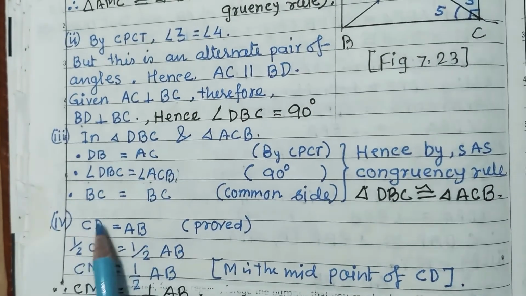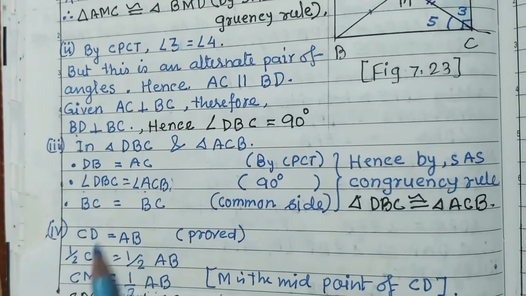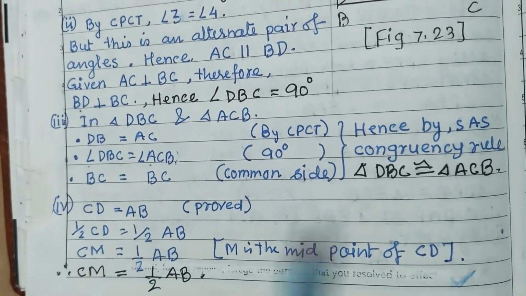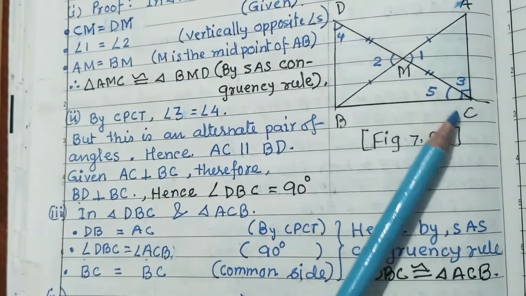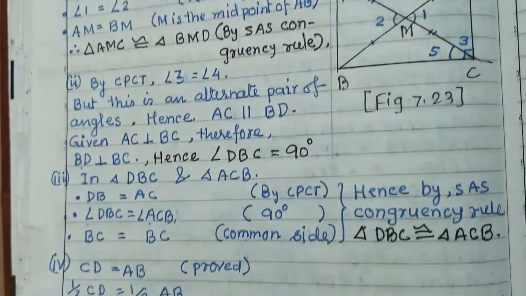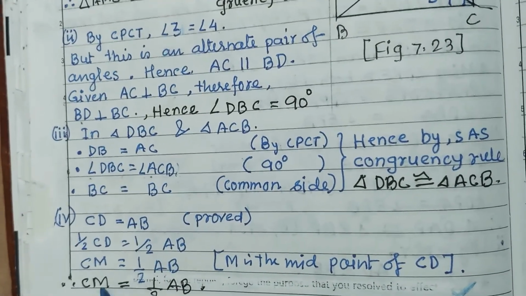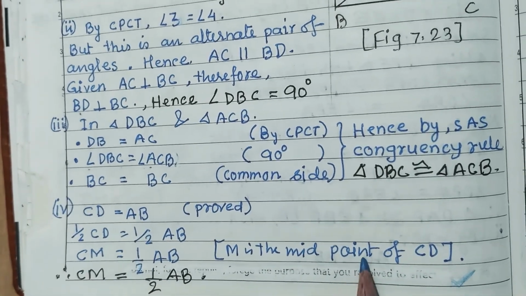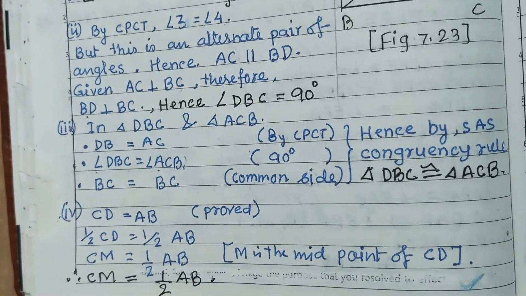Next, half both sides, half CD is equal to half AB. Half of CD is equal to CM, because M is the midpoint. So CM is equal to half of AB, proved. So it is the fourth point we have proved. It was the last question. Thank you very much.